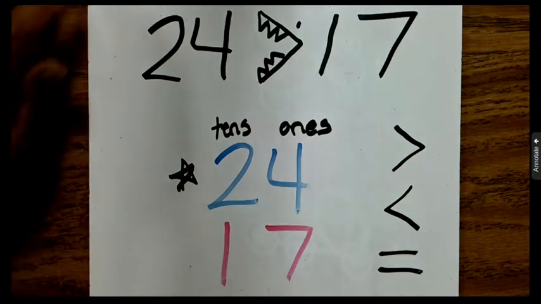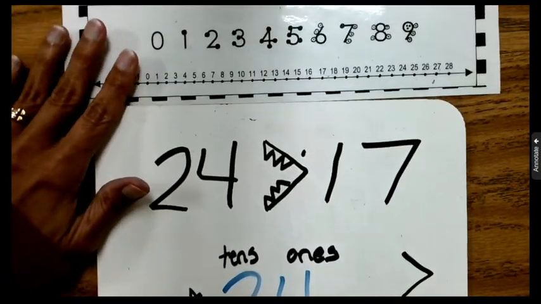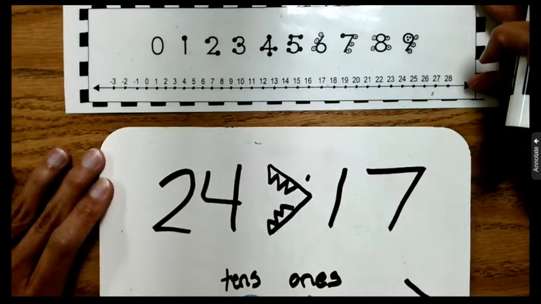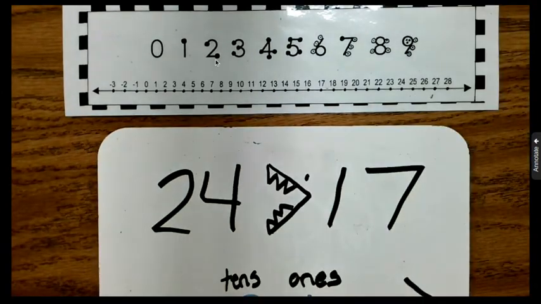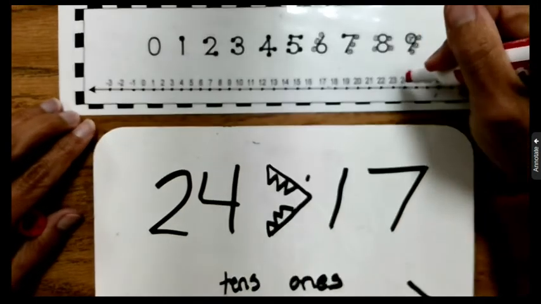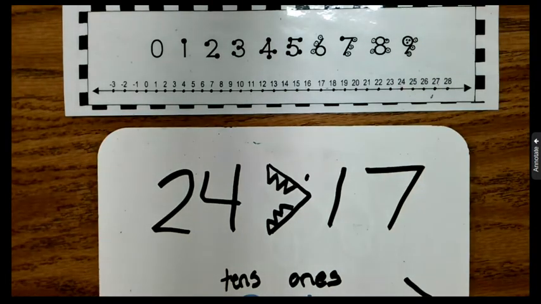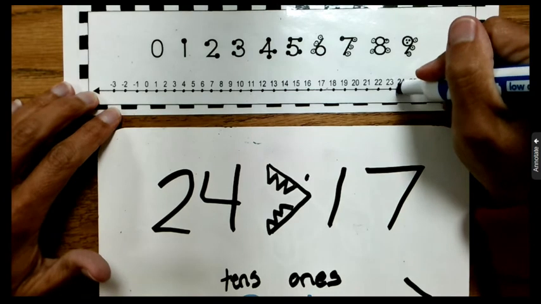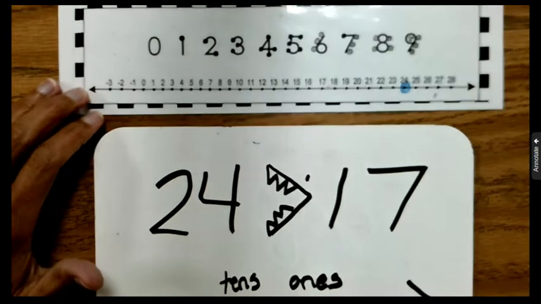We can also check our answer by using a number line. So if we have our number line right here, and we want to locate our numbers on this number line, we have 24, which will represent, well, we've been using blue. Let's stick with blue. We'll use a blue dot to show 24.